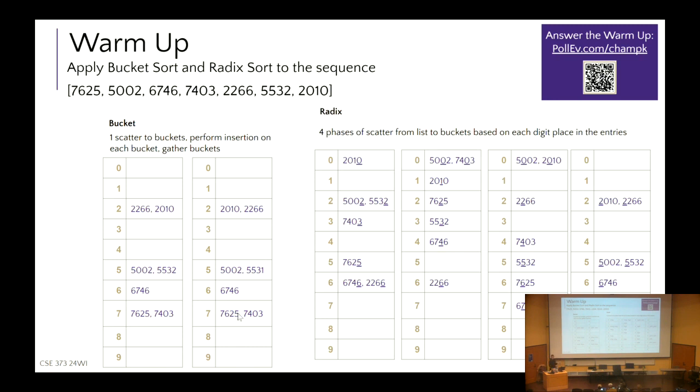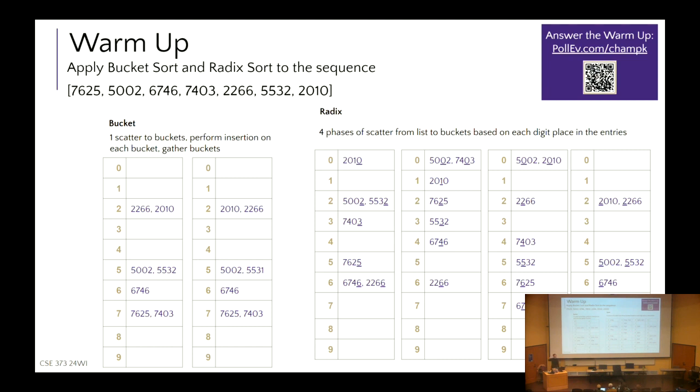So the way that this works is initially we will scatter based on the ones digit. So 2010 ends up in the 0 bucket. 7403 ends up in the 3 bucket. So we take a linear run across all of them and scatter them into these buckets. And then we take a k run, because k represents how many buckets we may have.